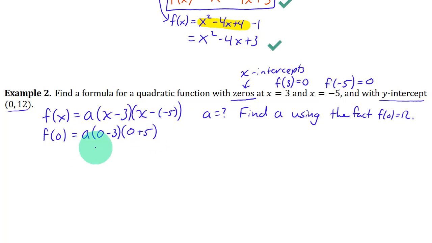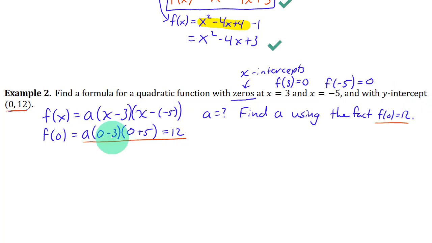And that result, we know, should come out to be 12. So that's saying f of 0 is 12. And this gives you an equation that only has a in it. That's the trick here. You can figure out what this a must be to make this be a point on the graph.